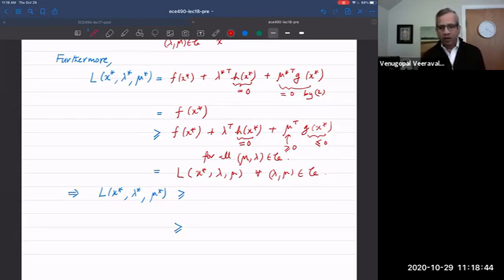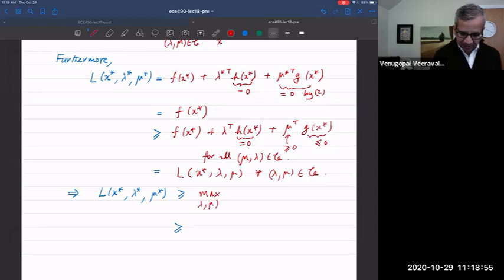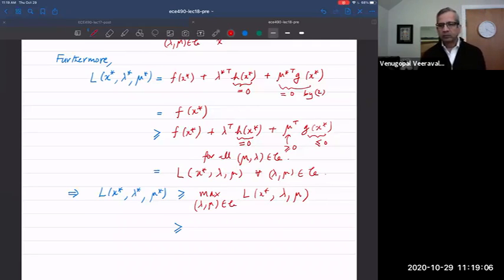Since this is true for every choice of lambda and mu, it's going to be true for the choice of lambda and mu that maximizes this. But that's a particular value of x star that I have in this thing here.